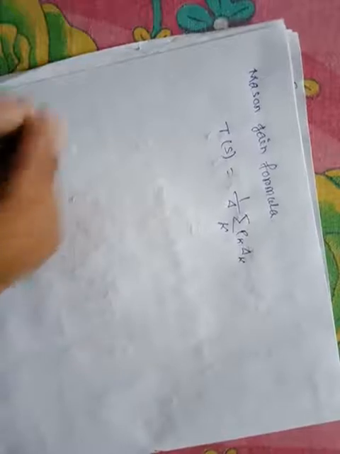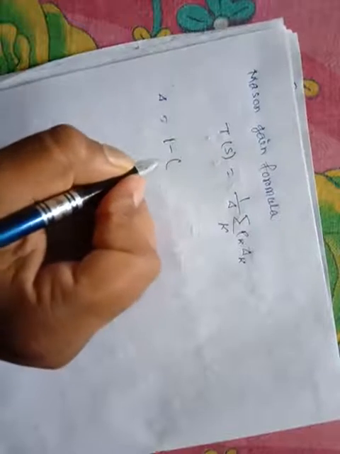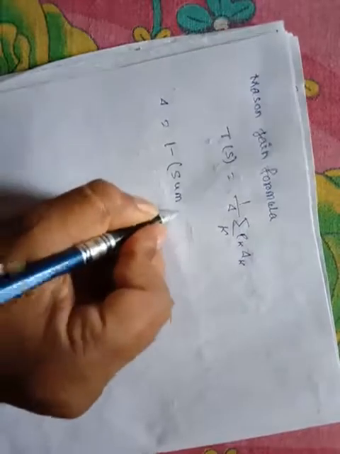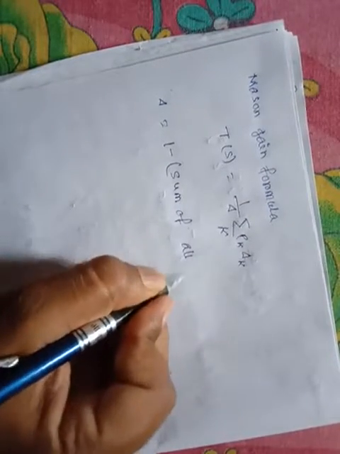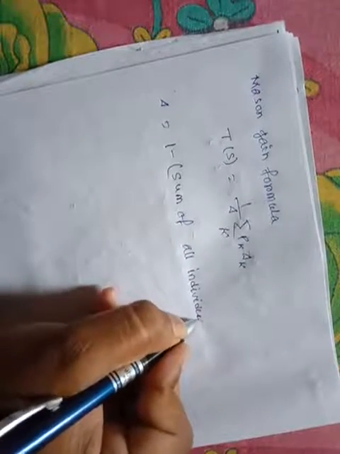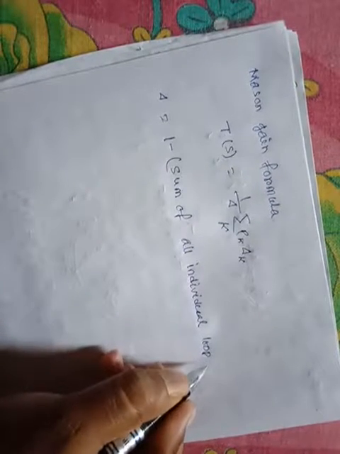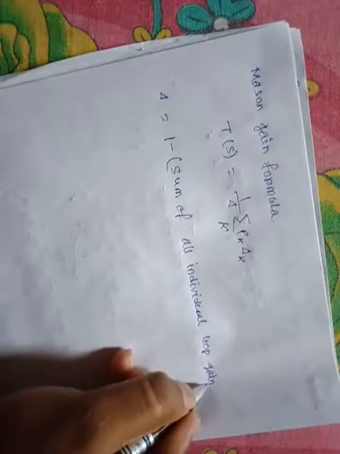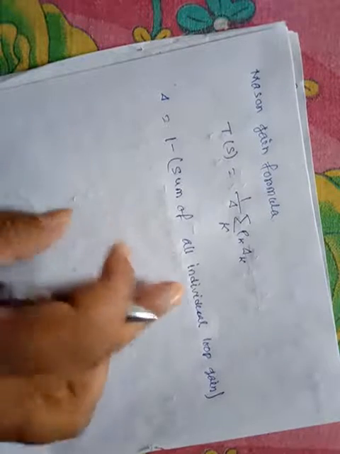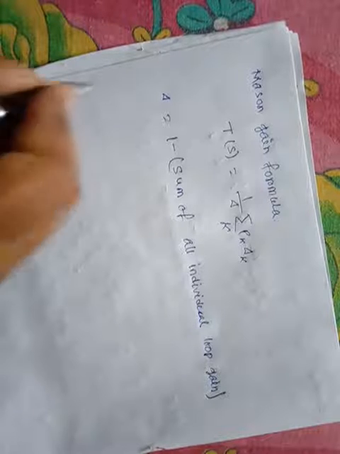We know that del is equal to 1 minus, within bracket, the sum of all individual loop gains.